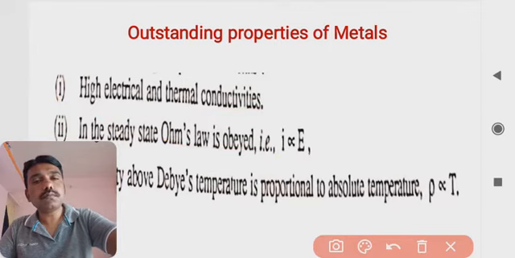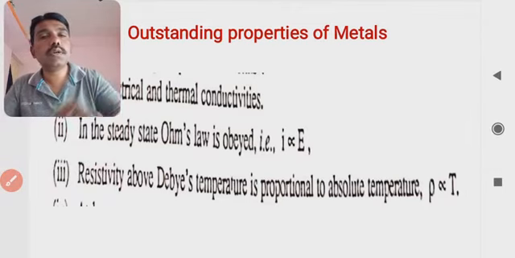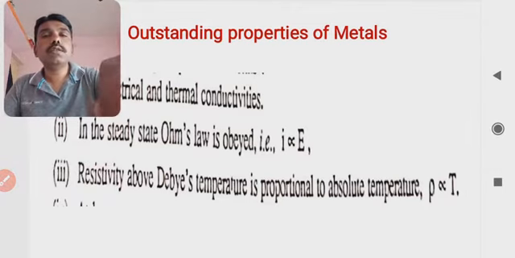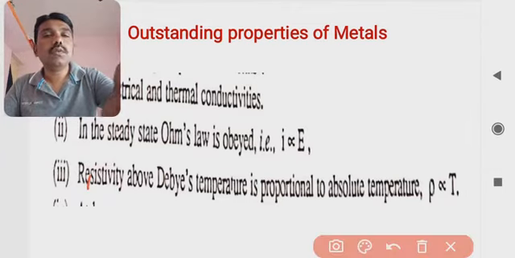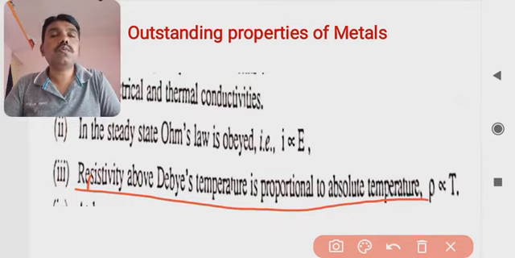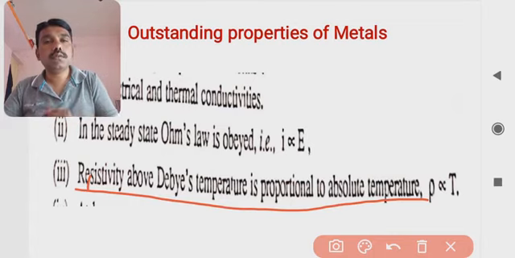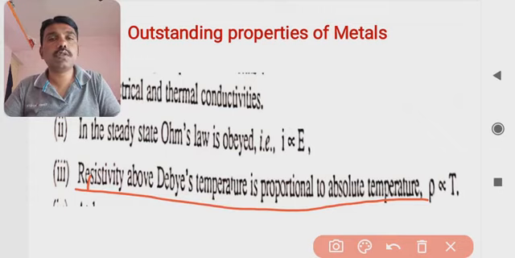Again, another property is resistivity, above the Debye temperature, which is proportional to the absolute temperature. Now, what exactly is resistivity? That is a very important factor. Resistance means opposing the electrons or the current, not allowing the electrons to pass through.